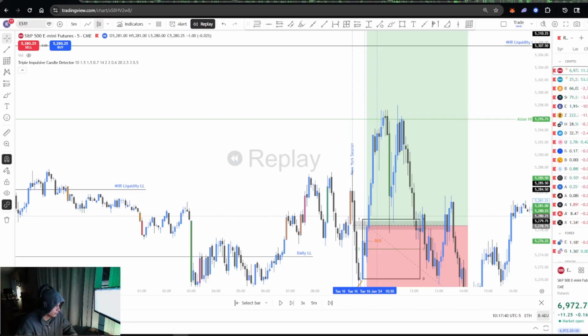What would be a better entry strategy that I could have implemented into my entry strategy?